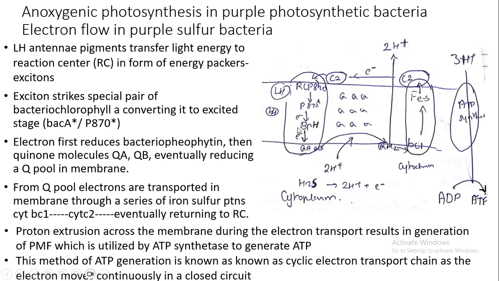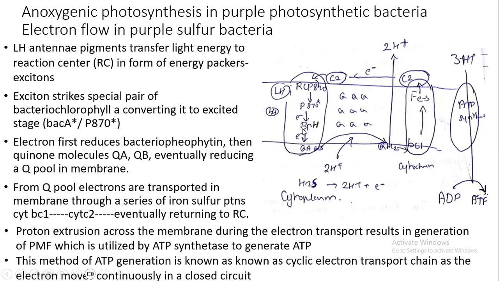So here is the diagrammatic representation of how the electron transport takes place during anoxygenic photosynthesis in purple sulfur bacteria. Here you can see that the reaction center consists of P870. The light harvesting complex will transfer energy to the reaction center, as a result of which the P870 gets excited and emits an electron.